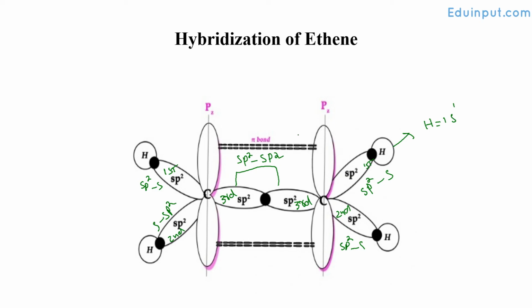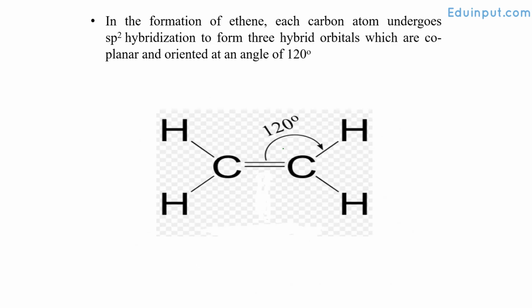Basically this is because of the one half-filled atomic p orbital that was left in the carbon excited state electronic configuration. So this is the hybridization of ethene.